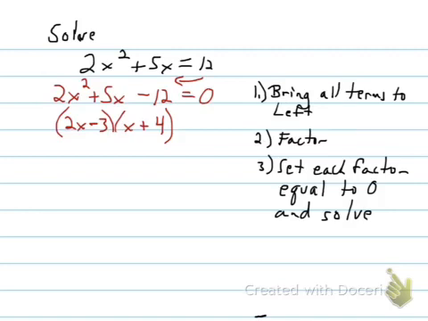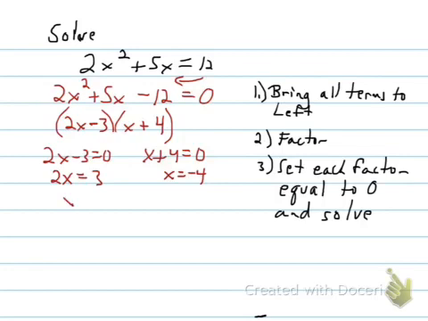Okay. Now, set it equal. Either 2x minus 3 equals 0, or x plus 4 equals 0. Alright, this one's easy. That's -4. Well, solve. 2x would have to equal 3. I'm bringing the 3 over. I'm solving for x. I need x by itself.